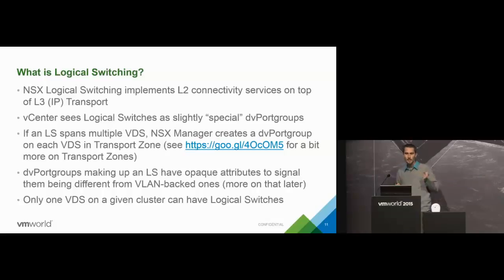DV port groups making up a logical switch have opaque attributes on them. What this means is that when the NSX Manager creates a logical switch and the corresponding distributed port groups, it specifies a set of special attributes and gives them to the vCenter server.